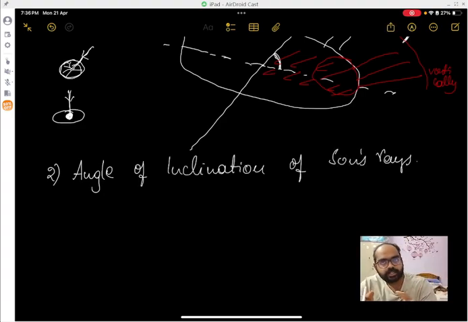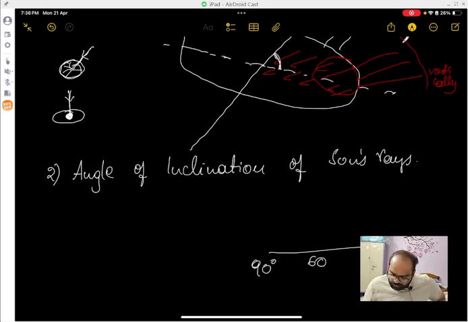We have discussed it right now. The angle made by the sun's rays on Earth reduces from the equator to the pole. At the equator and tropical region, it makes almost 90 degrees.